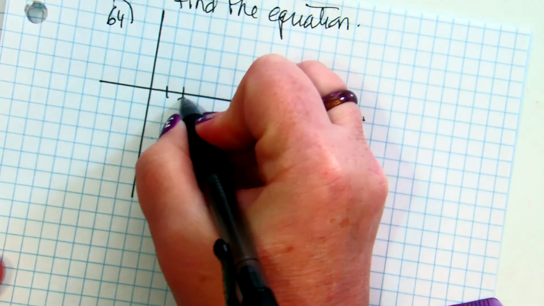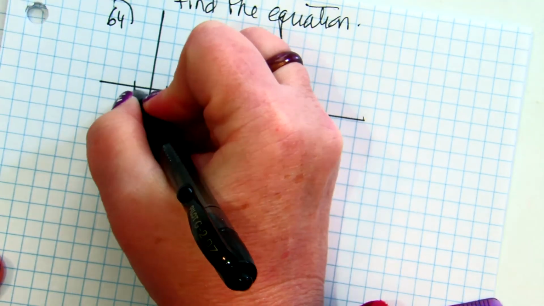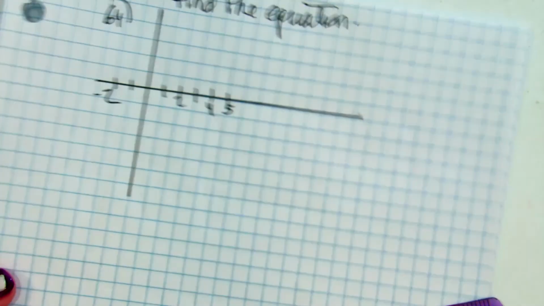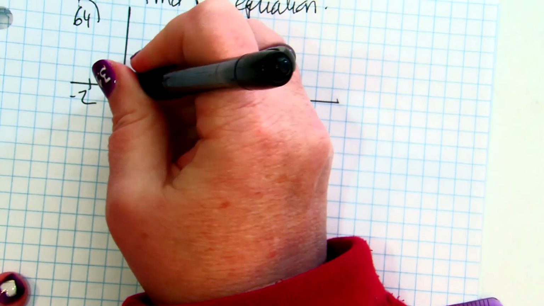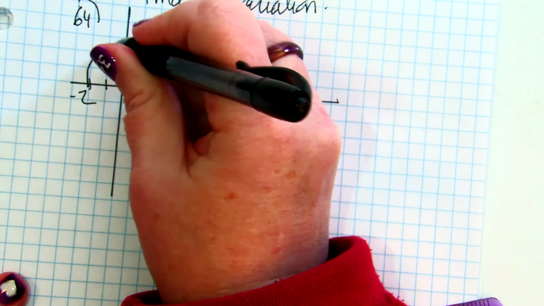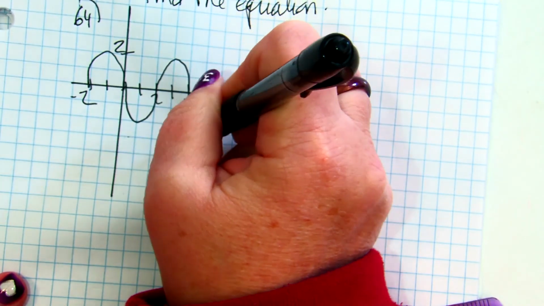It goes like this up to 2, then down to -2 like this.